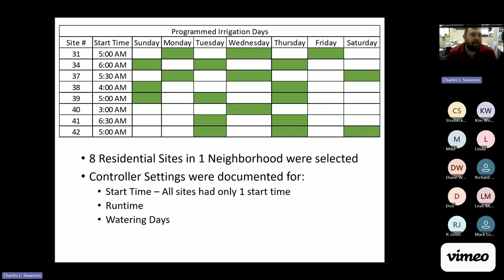As the second part of this testing program, we went to a real neighborhood. Here in South College Station, we found some volunteer homeowners that were all within 2 streets of each other. Some of these were backdoor neighbors, so real close to each other.